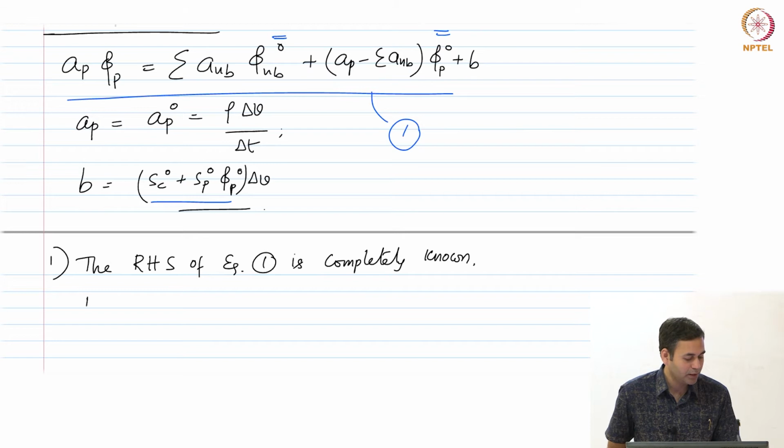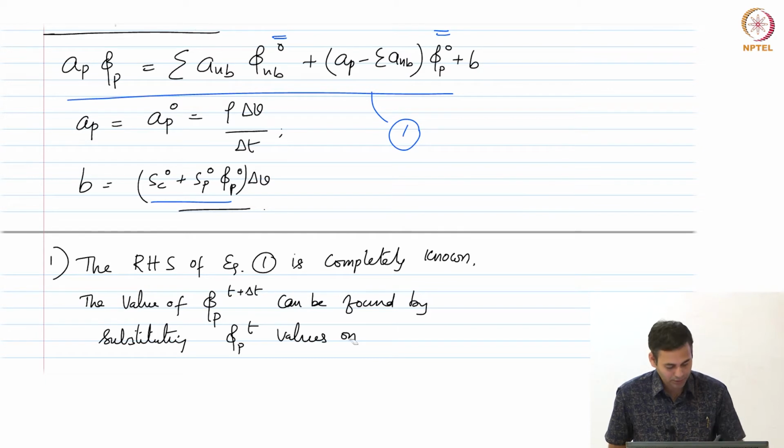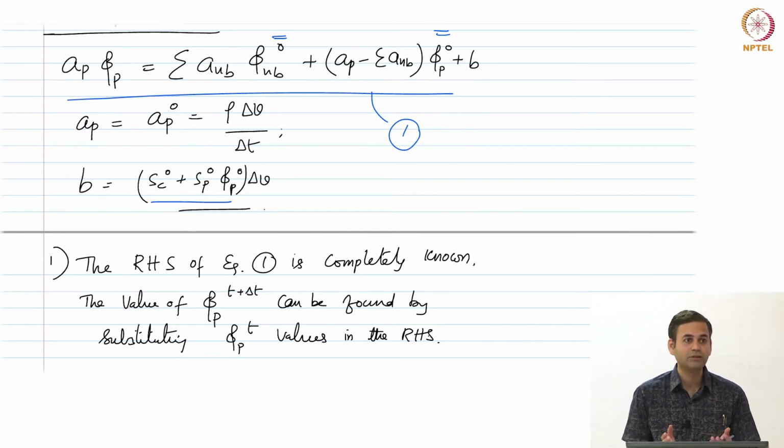So, that means the value of phi p at t plus delta t can be found by substituting phi p at the previous time level values in the RHS, right. That is what we can do, correct. That means it is a simple substitution. You know what is phi p 0, you just plug it in, calculate what is phi p, right.